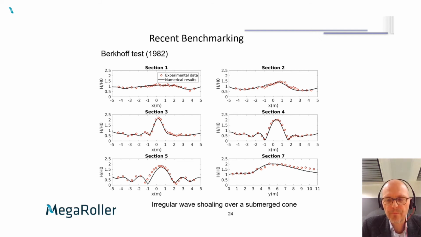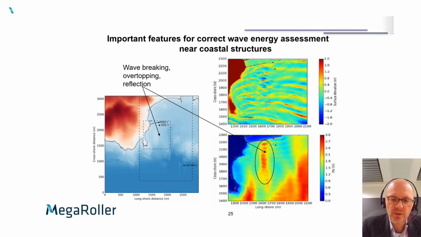So in the framework of this project, we have looked at several geographical areas where the mega roller or possibly other wave energy devices could be deployed. What we did was simulate the wave field over some time. Here you see on the left a map, and on the right significant wave height indicated in red.